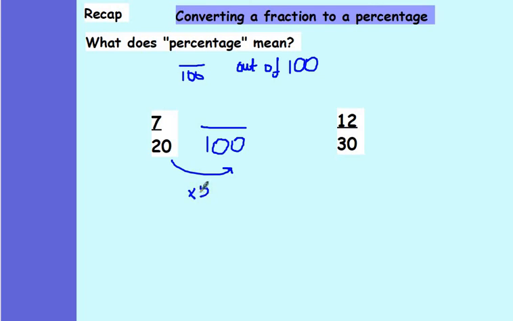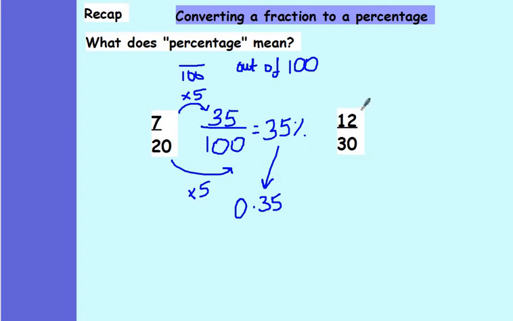Times by 5, very wise. Whatever I do to the bottom, I've got to do to the top. So I've got 35 out of 100, which is 35%. As a quick reminder, as a decimal, that's 0.35. That would be 35% divided by 100.